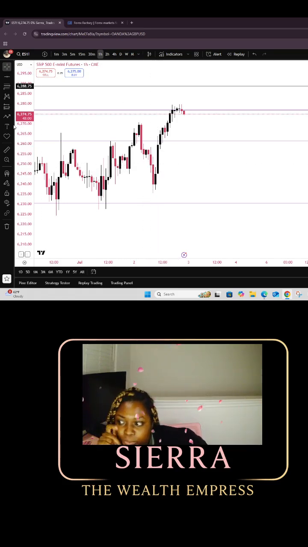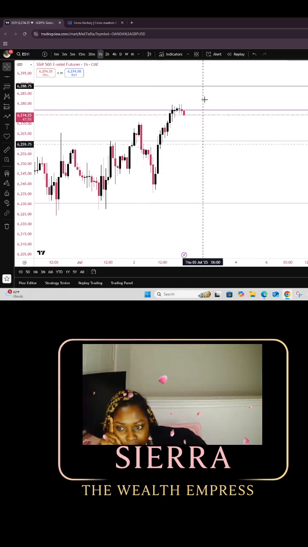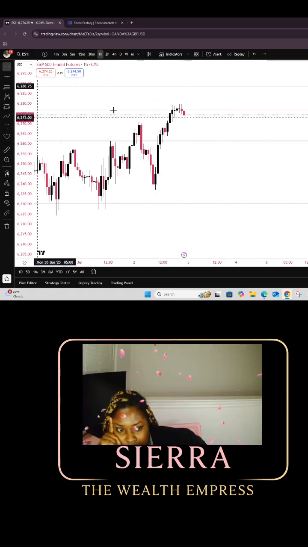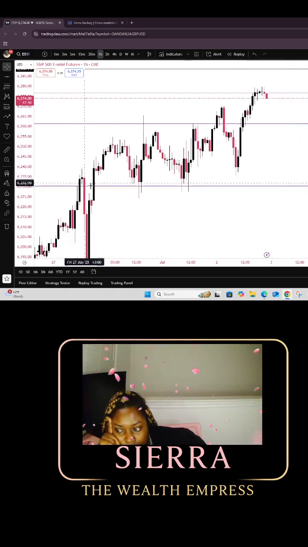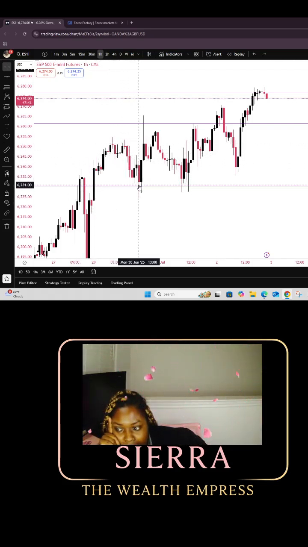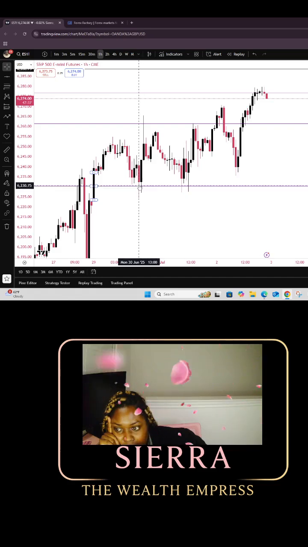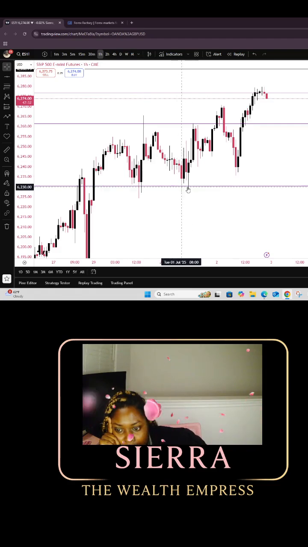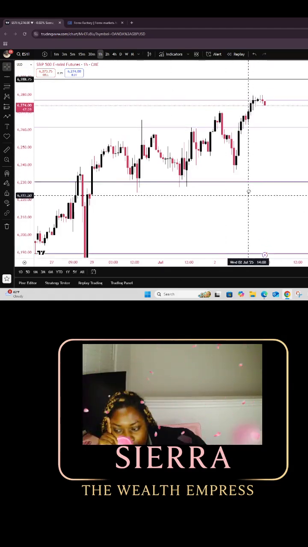They say the market makers come back and grab their money and then continue. This is why we look at fair value gaps for entries. The market makers came in, gave us all of this volume, then came back, grabbed whatever orders they had here, and then continued to push it higher. And as you can see, they came back here again. I think it's better than support and resistance.